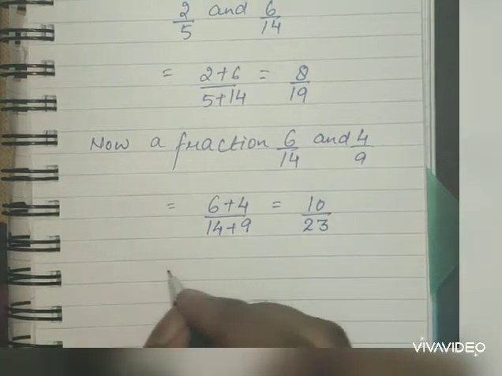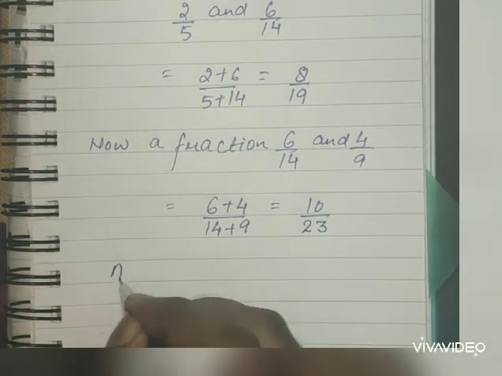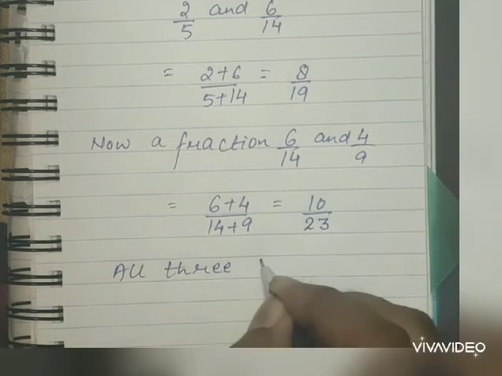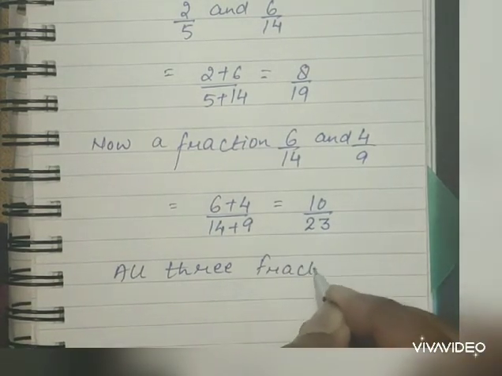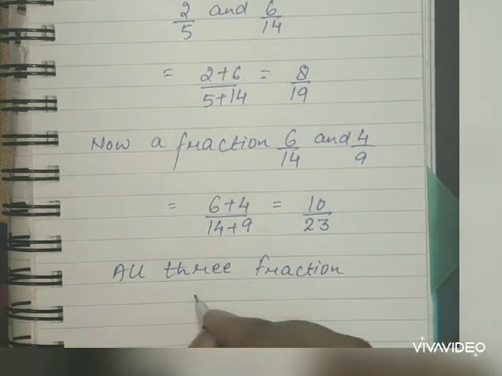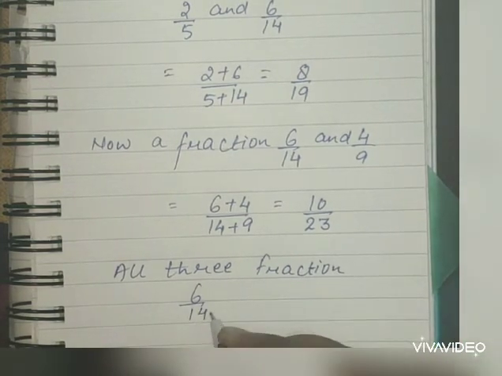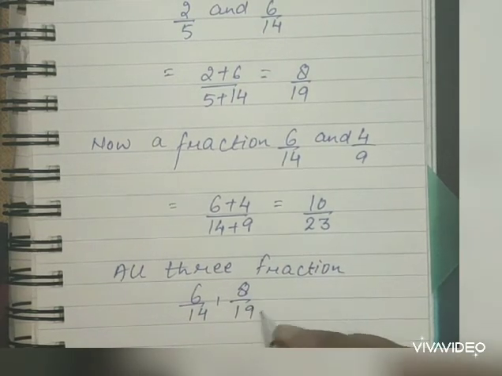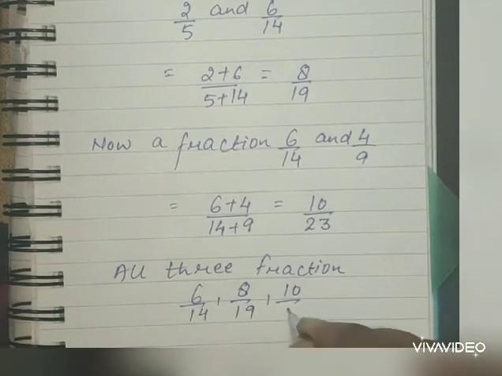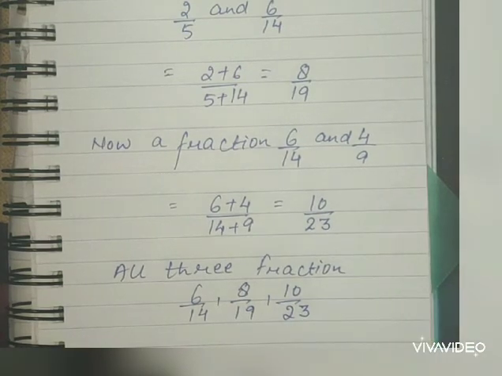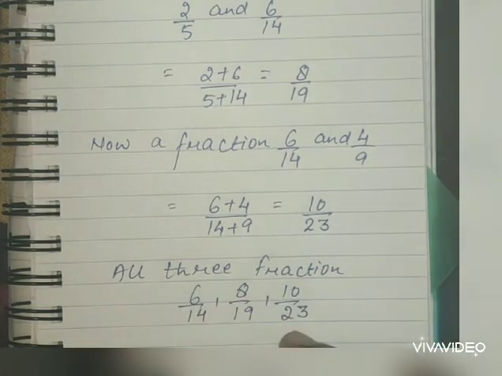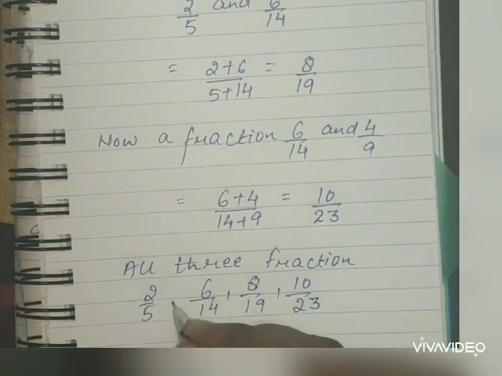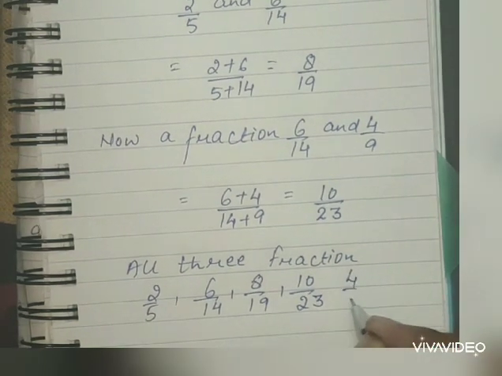So we have got all three fractions. All three fractions are 6 upon 14, then 8 upon 19 and 10 upon 23. So these are the fractions that will be inserted between 2 upon 5 and 4 upon 9.